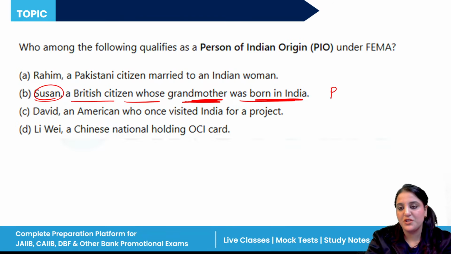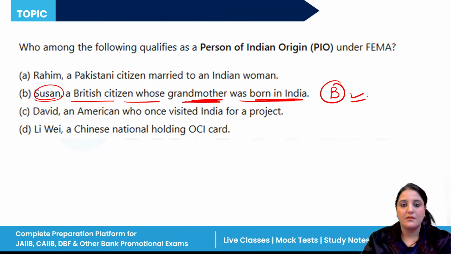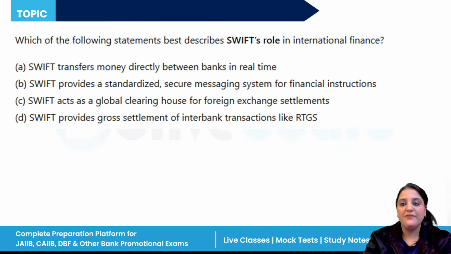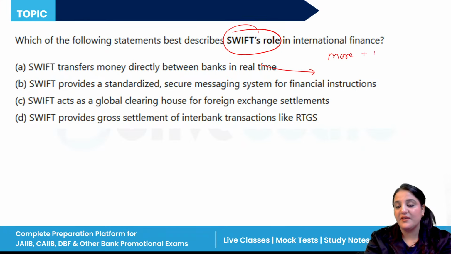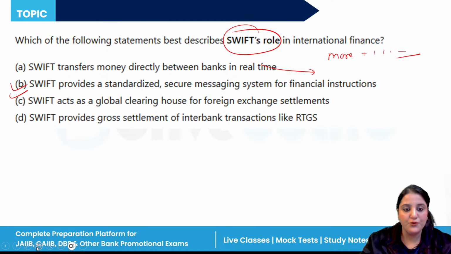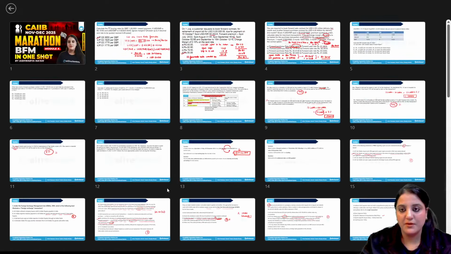So simple, option B here. And what is the work of SWIFT? More than 11,000 banks are connected with SWIFT, which is a secured communication system for financial institutions. So the correct answer is option B. Now let's move to the numerical part.